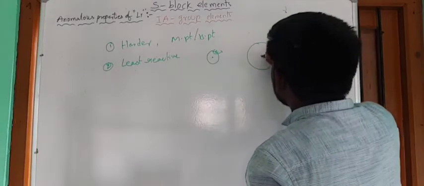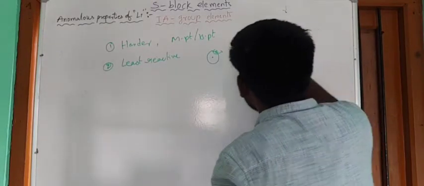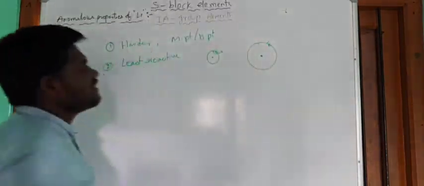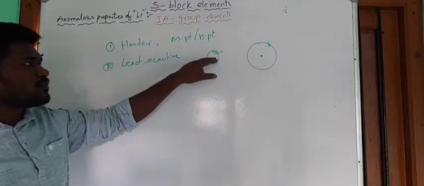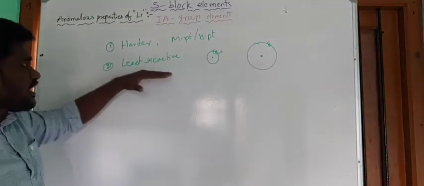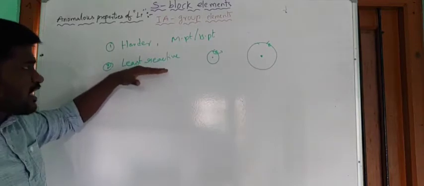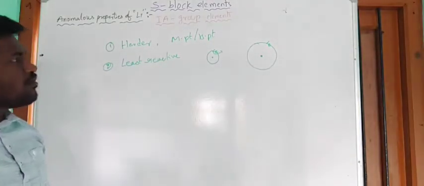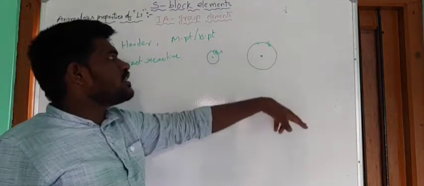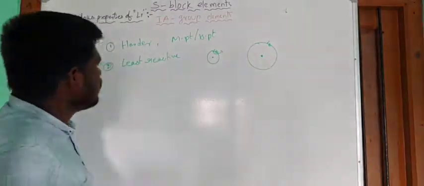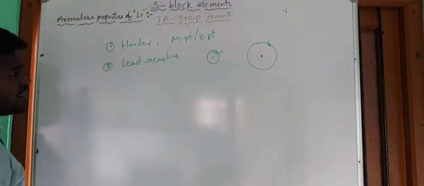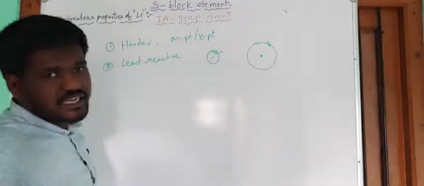If electron removal becomes difficult, then reactivity decreases. For the other elements, removal of an electron is very easy, so they are highly reactive. So this one is least reactive due to the small size.